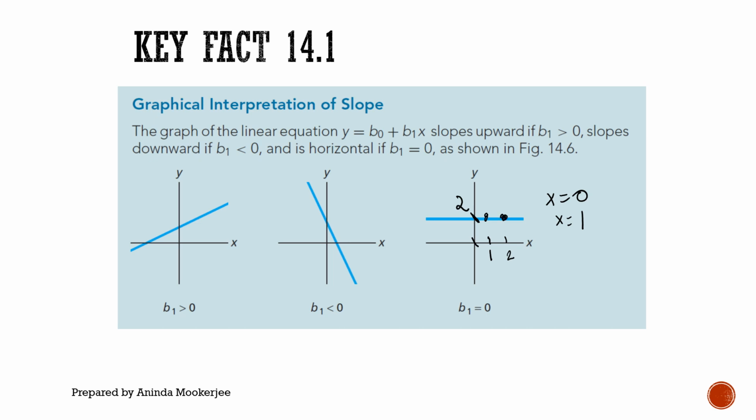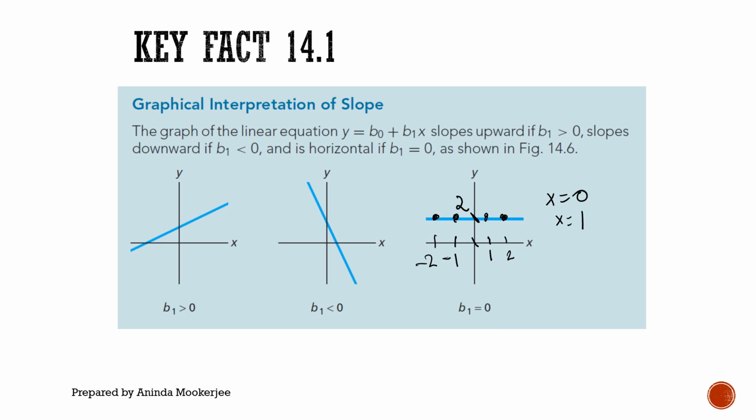And on the negative side too, if you take x as negative 1, y is still positive 2, and if you look at negative 2, and if you keep going for any value of x, the y is a constant value. That means x will not have any effect on y, and the slope is always 0.